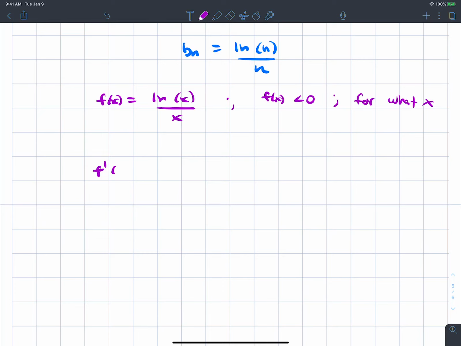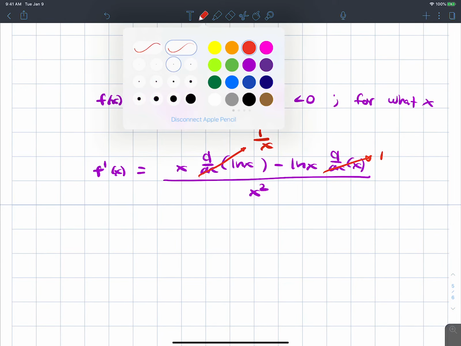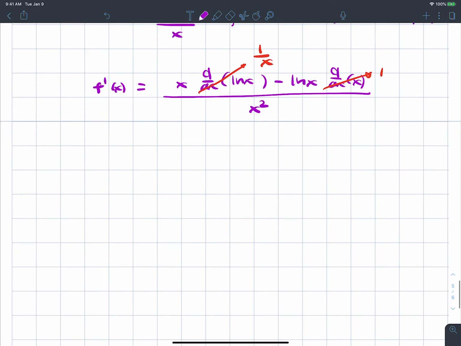So if I differentiate again using quotient rule, x squared, x times the derivative of natural log x minus natural log x, let's see what we get. x times 1 over x minus natural log x over x squared.